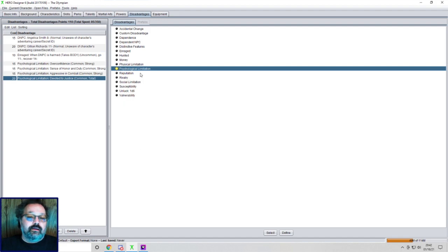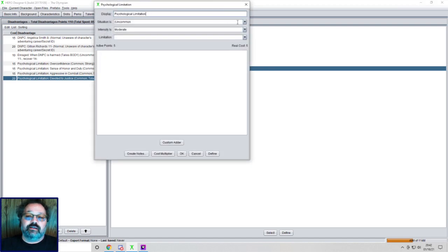And finally, a psychological limitation, common, moderate. And this one is disillusioned when the world isn't black and white.